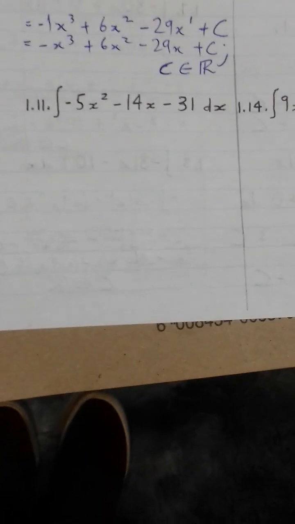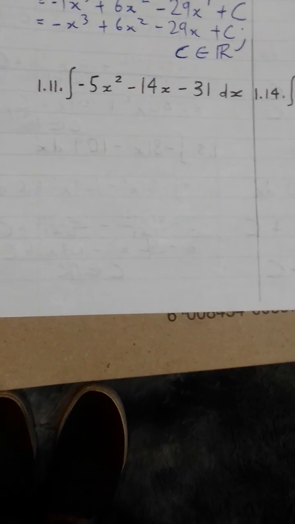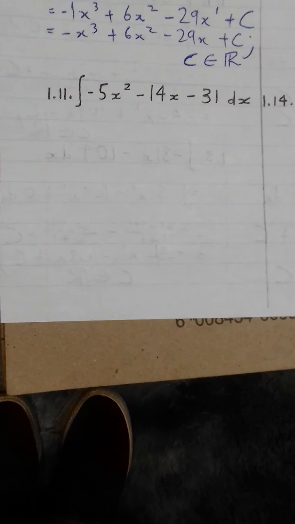1.11 The integral of negative 5x squared minus 14x minus 31 with respect to x. Okay, so this is going to be the integral of negative 5x squared minus 14x to the power of 1 minus 31x to the power of 0 plus c, or plus 0 rather, with respect to x, my mistake.